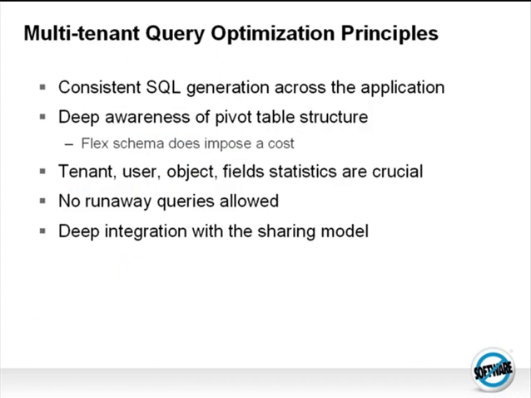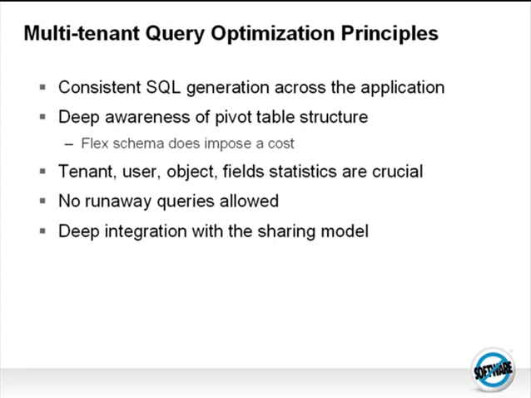So I've been hinting at optimization. I think we'll talk a little bit more about that now, which is our kernel that takes all of this metadata, the definition of objects, the definition of fields, the definition of what the user wants to do, and consistently outputs the appropriate SQL, because after all, our data is eventually retrieved via SQL.